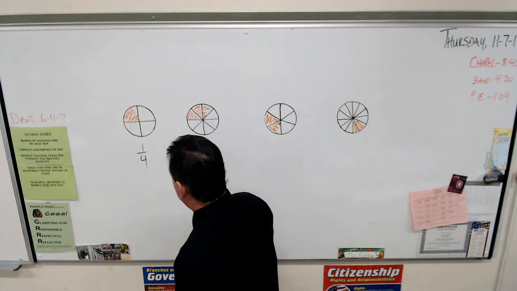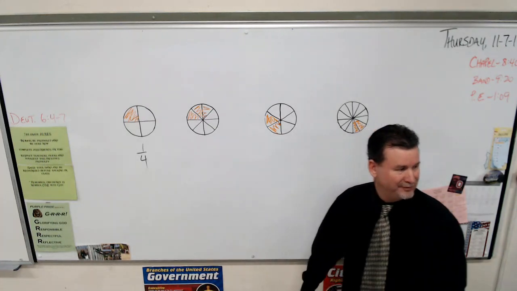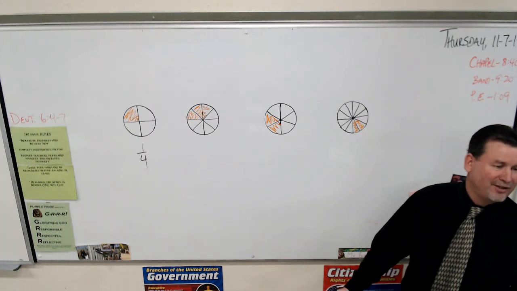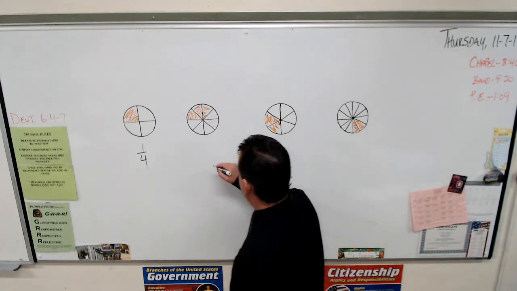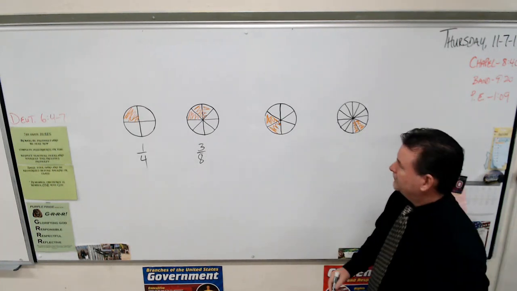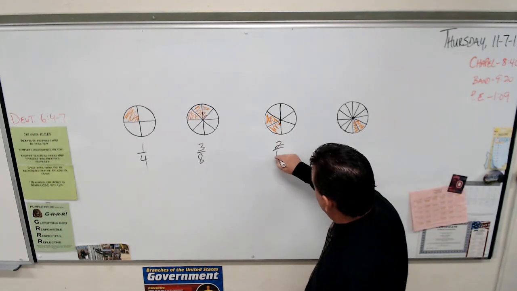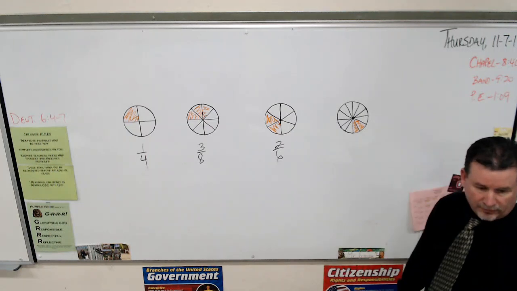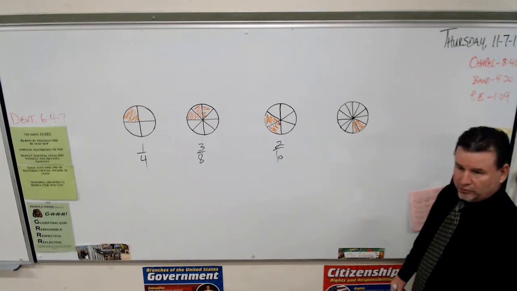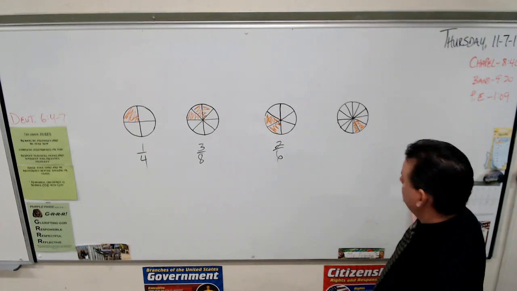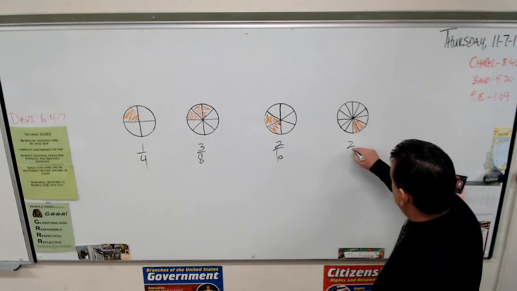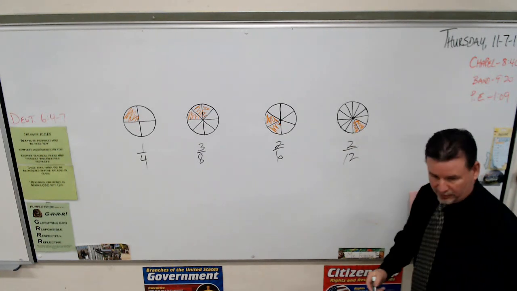Let's try that again. 3. Lauren. 2/6. Jaden. 1/6 or 2/12. 1/6.